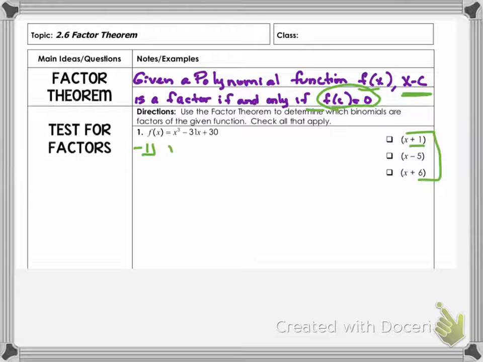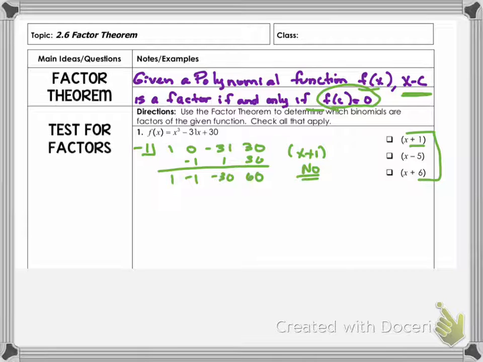So 1, there's no square term, so 0, -31, 30. Bring that down. That would be -1, -1 would be 1. That would be -30, and that would be +30, and you get 60. So x plus 1 is no. It is not a factor.